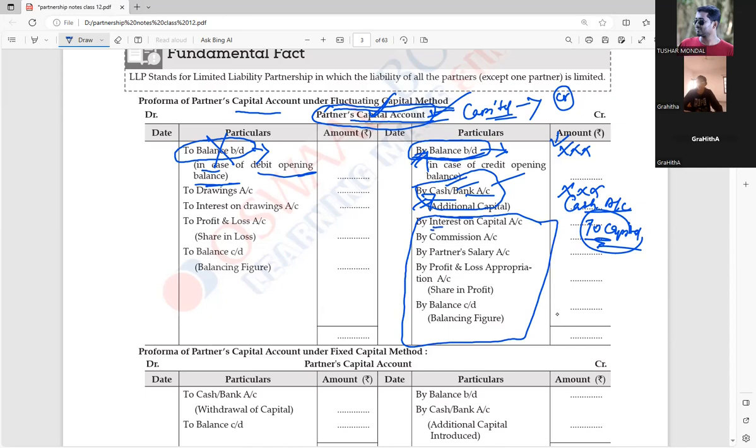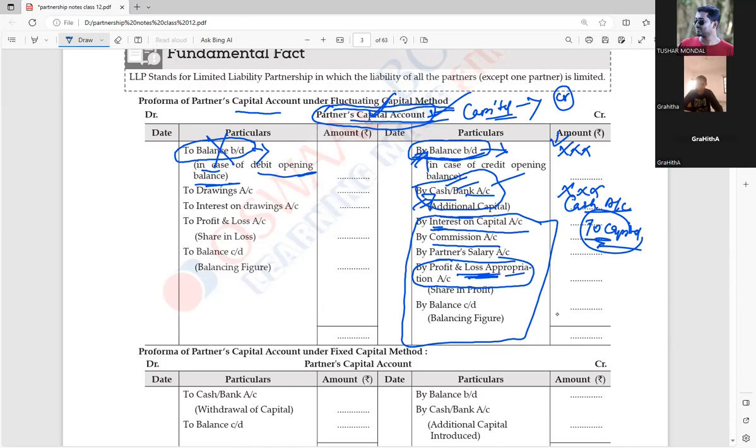That can be in the form of interest on capital, commission to the partners, partner salary, or any profit in the profit and loss appropriation account.